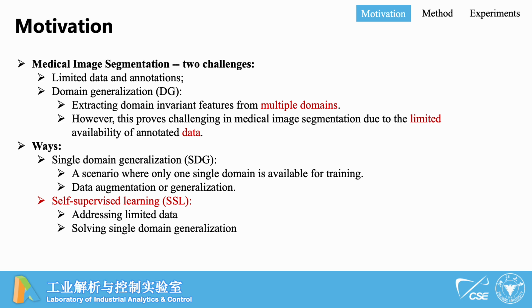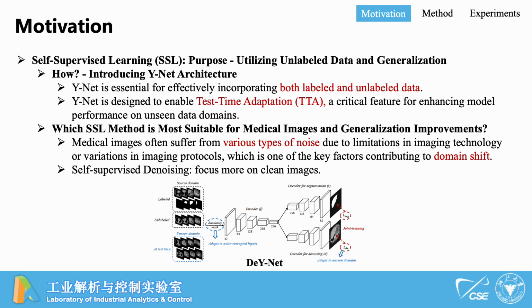We are motivated by self-supervised learning, which is frequently employed to address the issue of limited data. In addition, integrating self-supervised learning into the framework presents a novel approach to tackle the single domain generalization challenge. Now, let's delve into the heart of our solution, self-supervised learning.